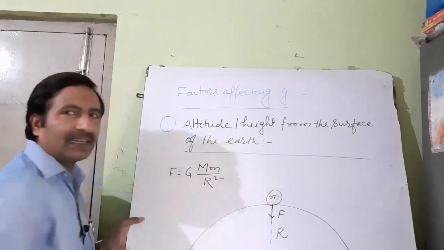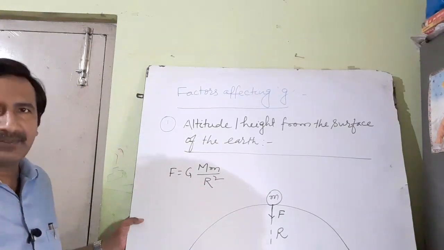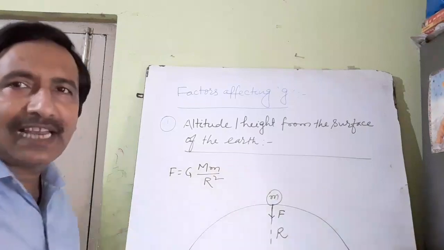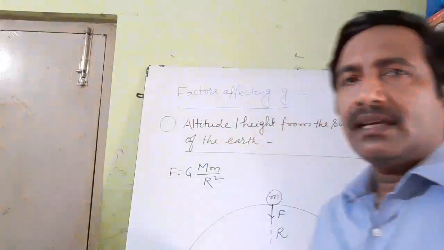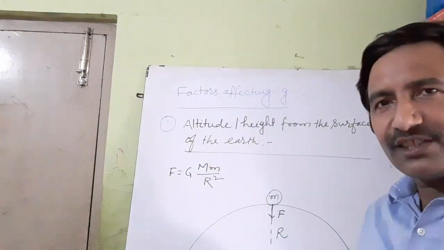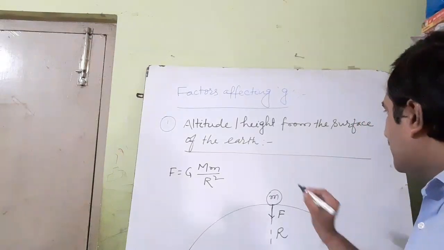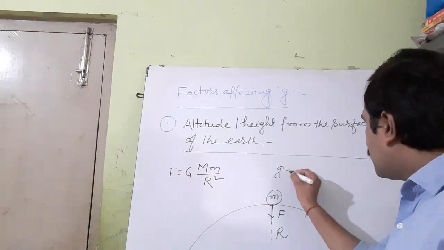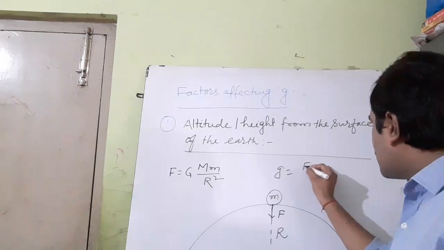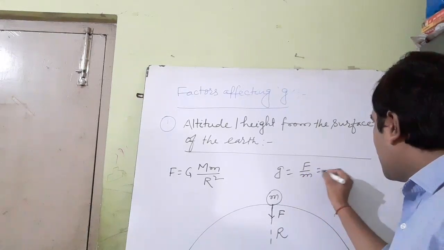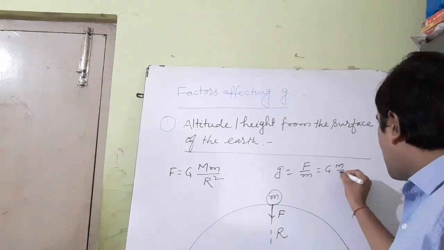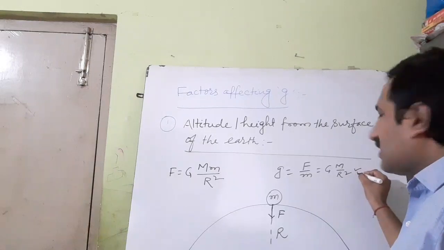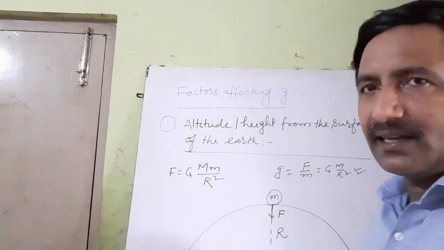You have to calculate the value of acceleration due to gravity. So you can find acceleration due to gravity on the surface of the earth as g is equal to F by m, and this is GM by r squared. You already got this expression in the previous lecture.